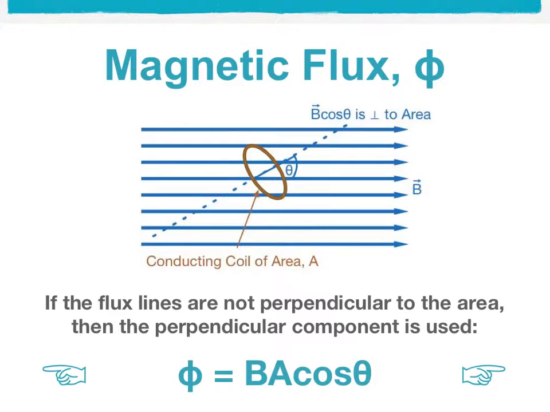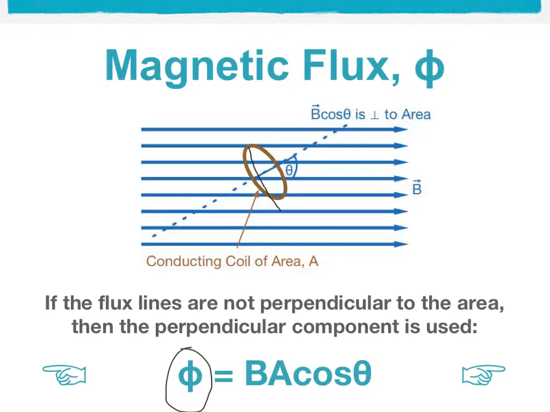In order to do correct calculations of flux, how many lines in a given area, our area in consideration must be perpendicular to the field line direction. As you can see in this example, that is not the case.